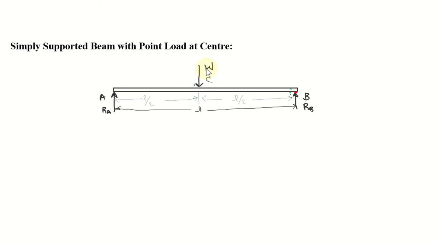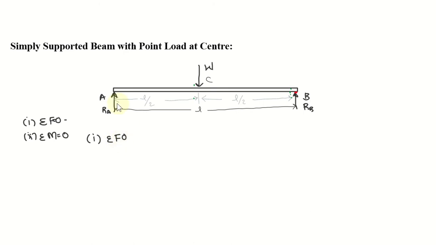We have to satisfy two conditions to say that the beam is in equilibrium. One is sum of forces is equal to 0. Second is sum of moments is equal to 0. Let us see the first condition, sum of forces equal to 0.